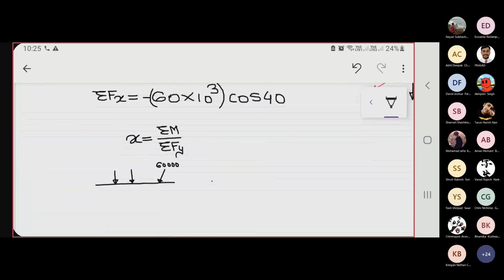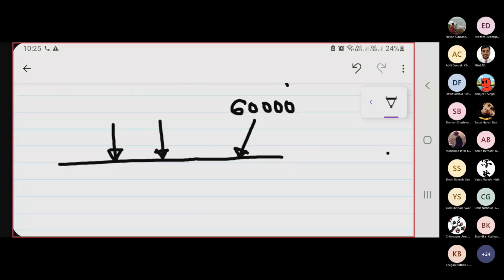4,000, 5,000. Okay, now we have to find out moment about this point.